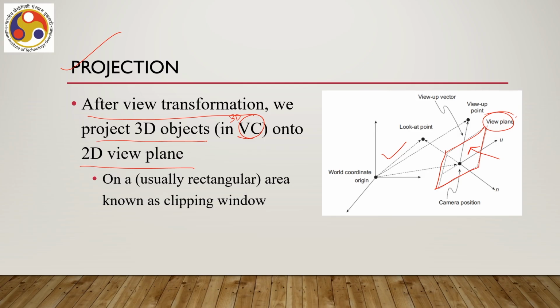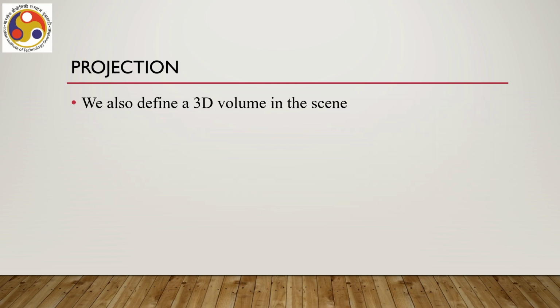Such view planes are usually defined as a rectangular area, which is often called a clipping window. So, there are different terminologies used to refer to more or less the same concept. Now, in order to perform projection, apart from the clipping window, we also define a 3D volume, a 3D region in the scene.